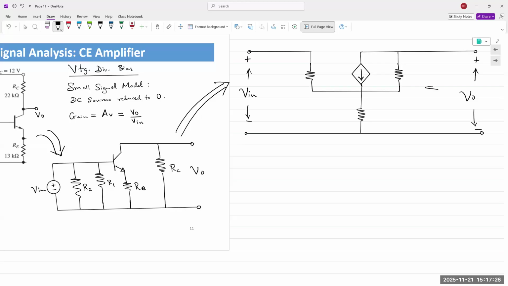We also have the collector resistor RC, and the base resistor RB.